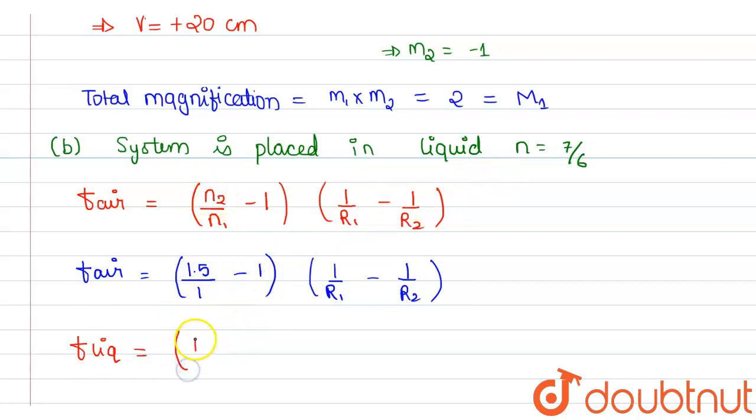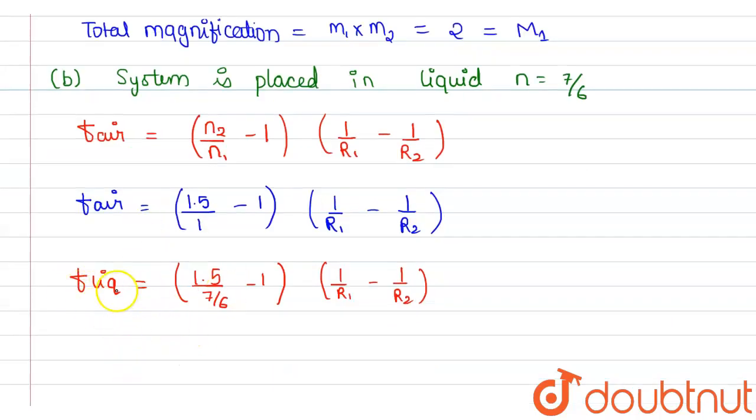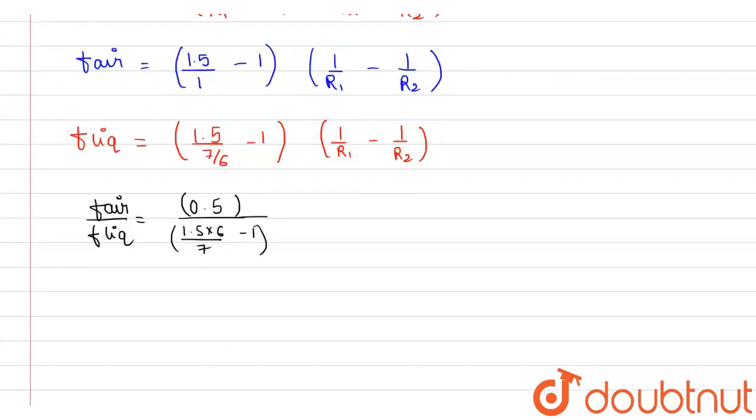It will be 1.5, 7 by 6 minus 1, and r1 and r2 remain as they are. We need f liquid, and we know f air, so we take their ratio. f air by f liquid will be 0.5 divided by (1.5 into 6 by 7 minus 1). f liquid is approximately 70 by 4.